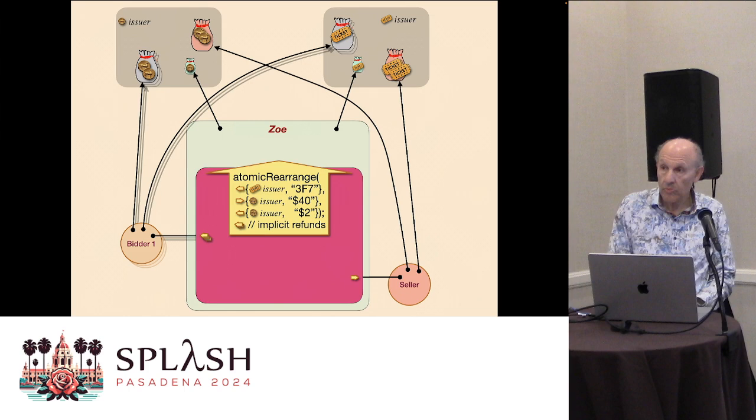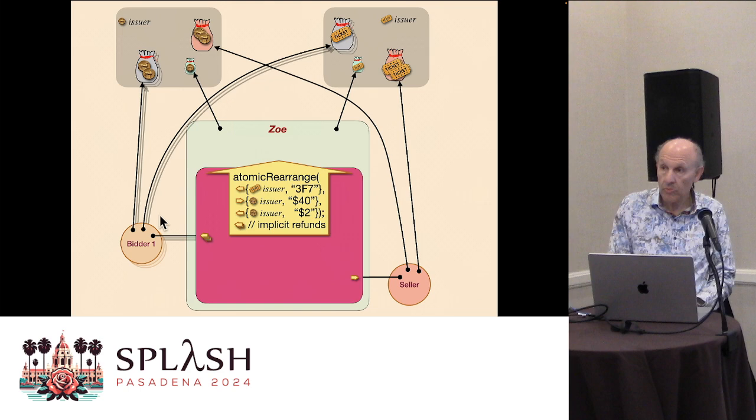Okay, and then the auctioneer, if it's operating properly, sends to Zoe a directive to atomically rearrange the allocations in Zoe's bookkeeping associated with each of the parties.